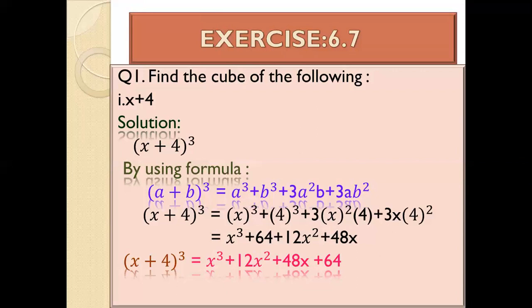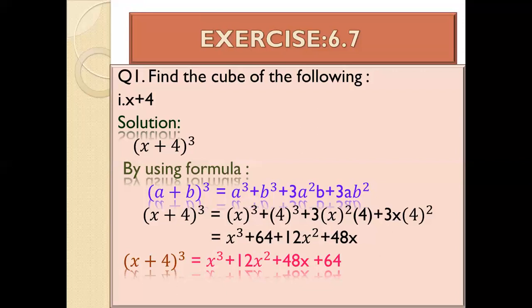When we multiply 16 with 3, 48x. Now we rearrange the terms: x cube plus 12x square plus 48x plus 64. This is the answer after taking the cube of x plus 4.